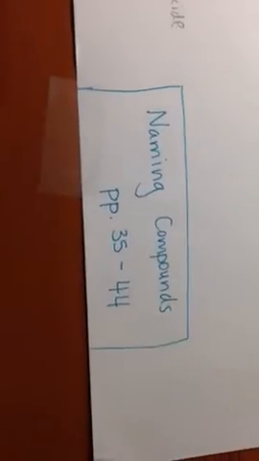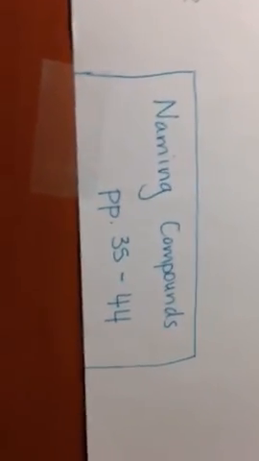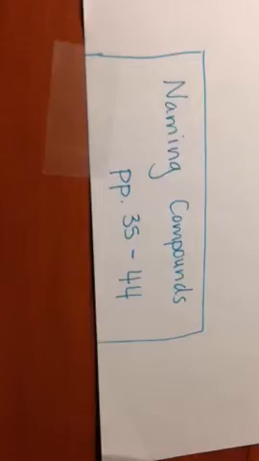Alrighty, so there's some examples on that. And guys, the stuff we've been going over in the video can all be found in section 2.9 of your textbook, called Naming Simple Compounds, on pages 35 through 44. I would really encourage you all to go and check that out.